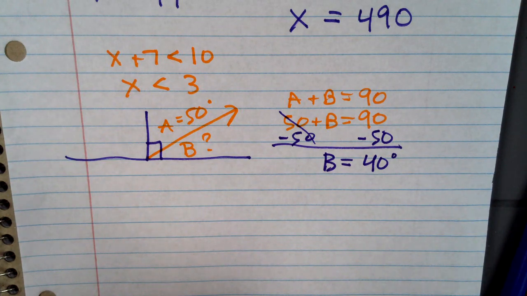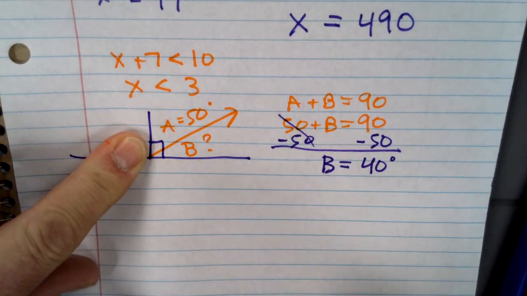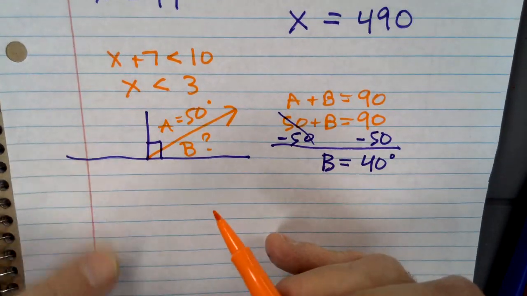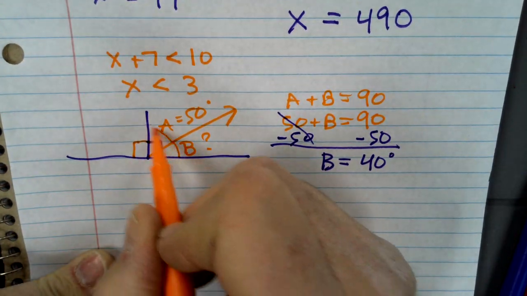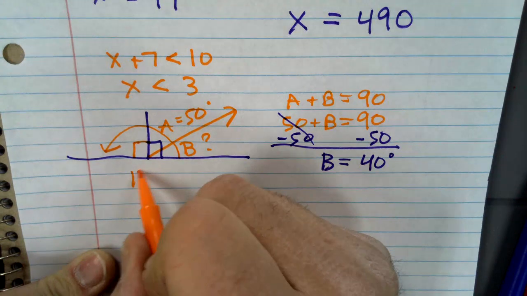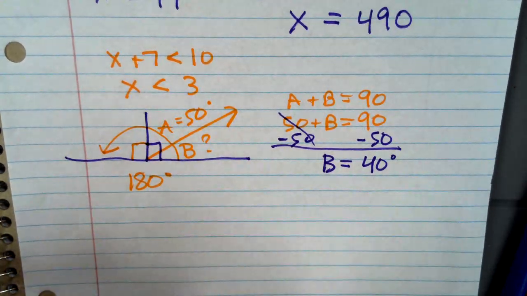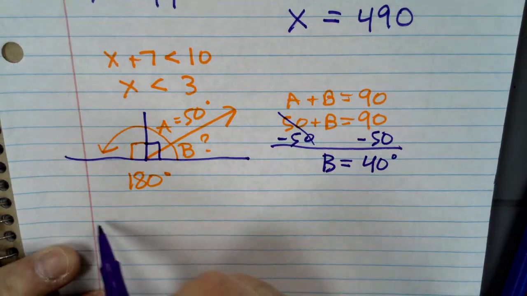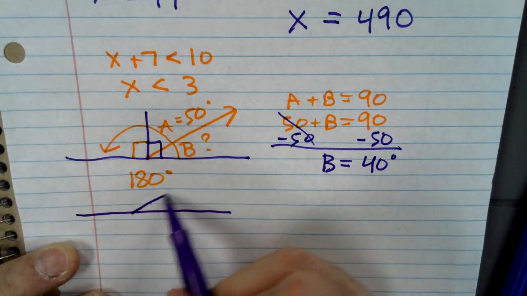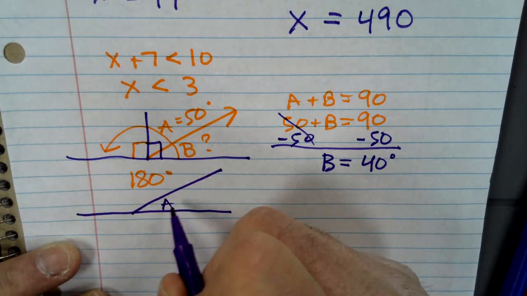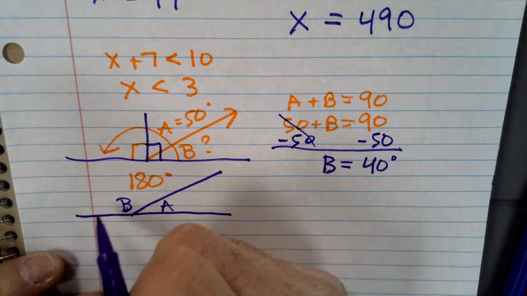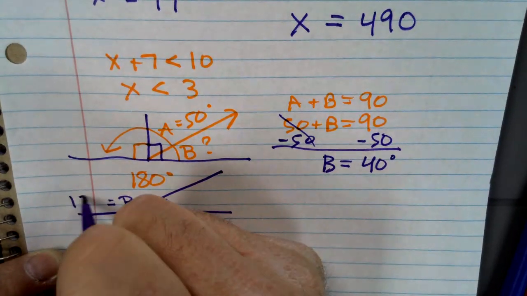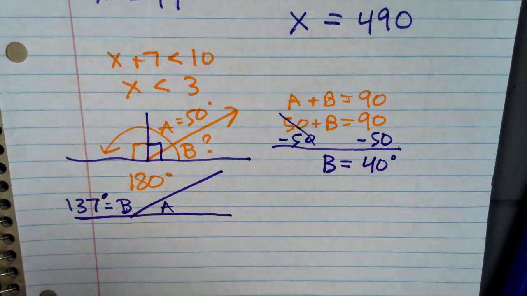If that is 90 degrees, what's a straight line? Well, there's two 90-degree angles. So a straight line is 90 plus 90, which is 180 degrees. So what they will sometimes do is say, here's a straight line. If that's A and that's B, and they say B equals 137 degrees.